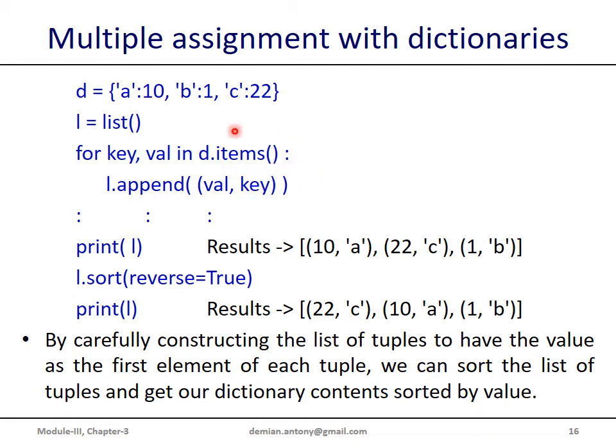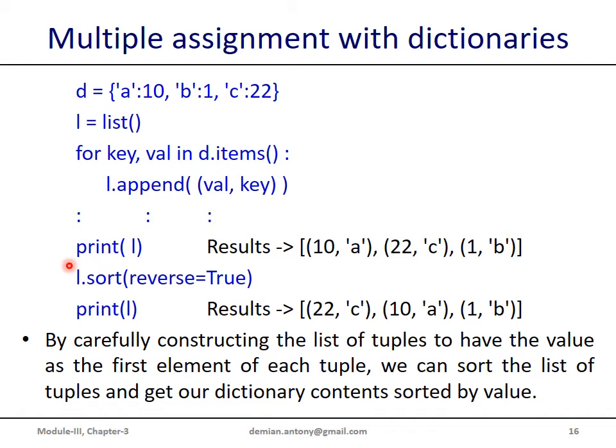By this, we are going to create a list of tuples called L, where each tuple has two elements, value followed by key. Once we have this list of tuples with value and key, sort this list in the reverse order. First, tuples are sorted based on the values.